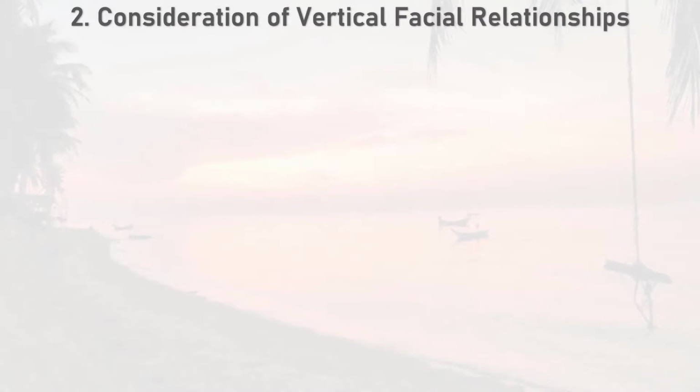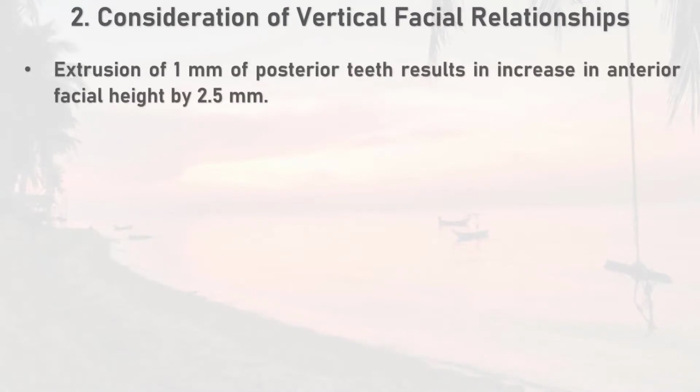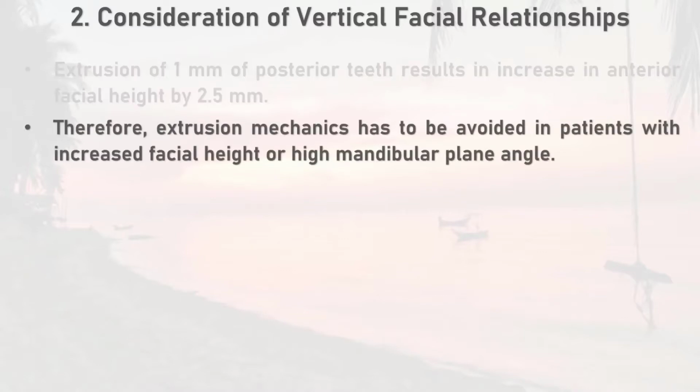Consideration of vertical facial relationships. Extrusion of 1 mm of posterior teeth results in increase in anterior facial height by 2.5 mm. Therefore, extrusion mechanics has to be avoided in patients with increased facial height or high mandibular plane angle.